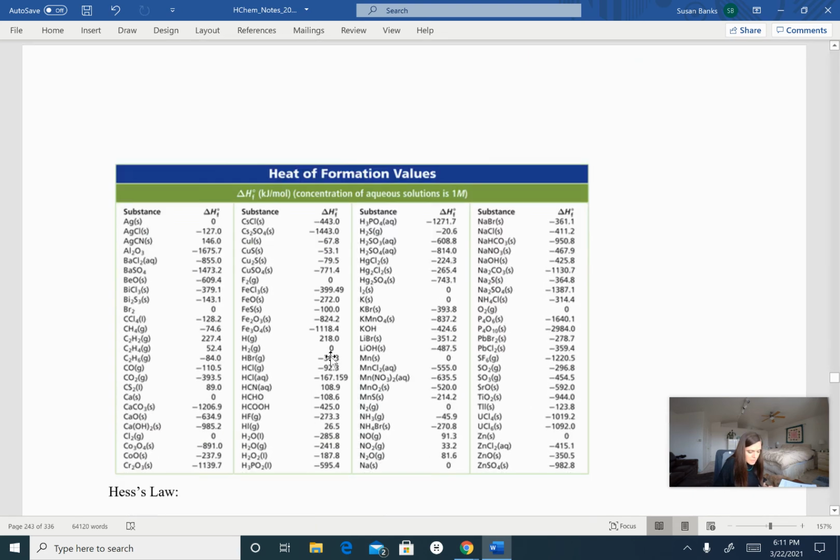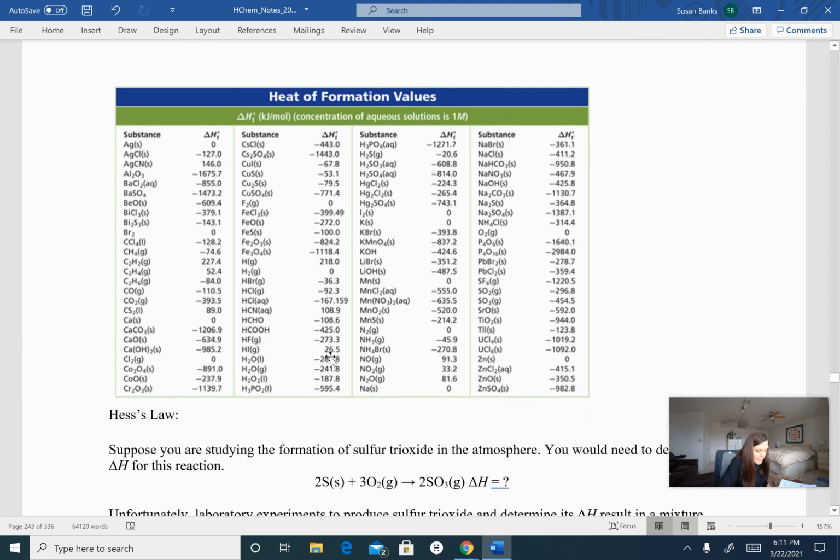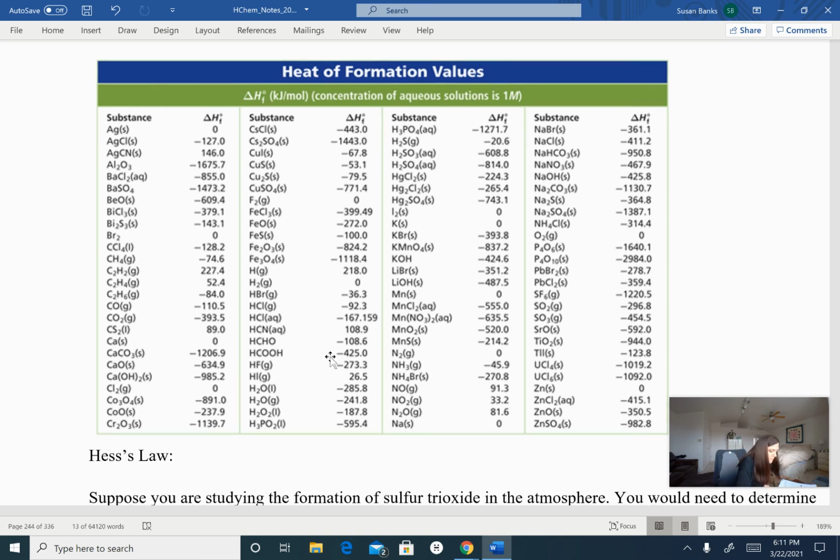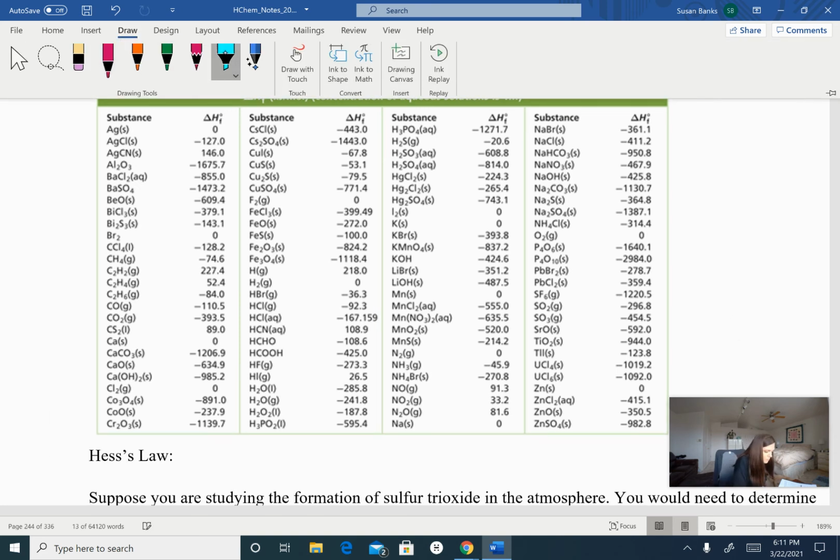Now here's a heat of formation table, and we are going to put a heat of formation table on your homework, and I've already linked a heat of formation table for your homework. I just wanted to show you a couple of things here. I wanted you to look over this.